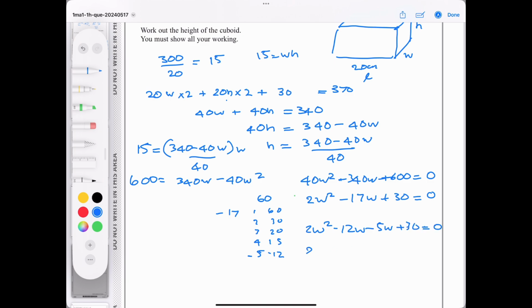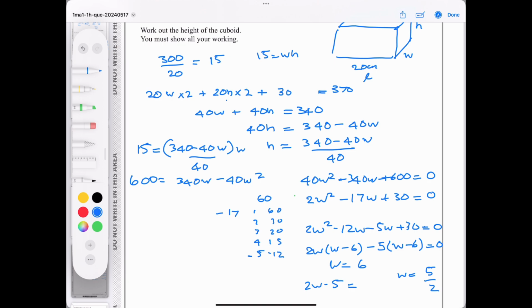And then that would be 2W minus 5, and W minus 6, equals 0. So that means W equals 6, and 2W minus 5 equals 0, so W equals 5 over 2.